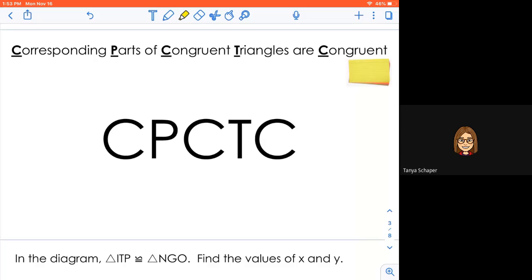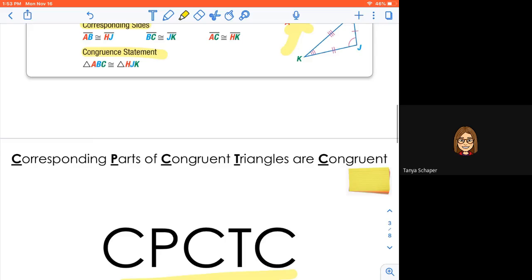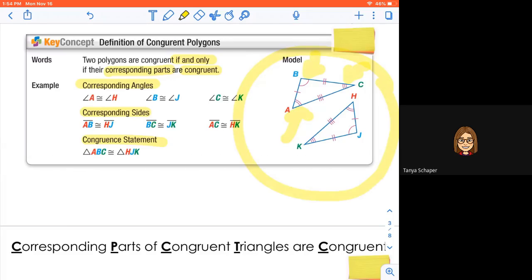We shorten it by saying CPCTC. I need you to know that it means corresponding parts of congruent triangles are congruent, okay? So if these 2 triangles right here are congruent, their corresponding parts, angles and sides, are also congruent. That's what that means.